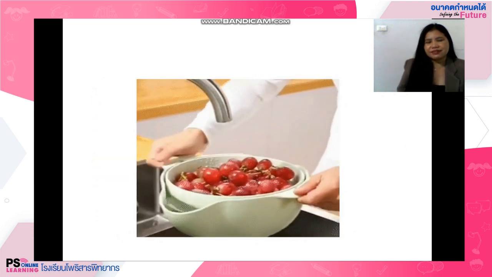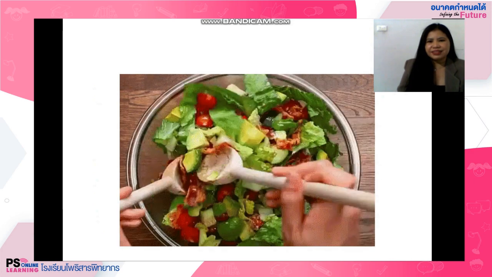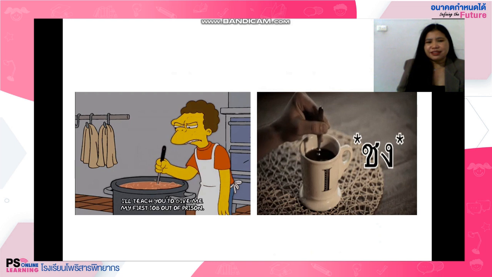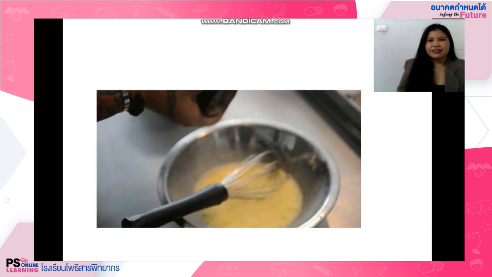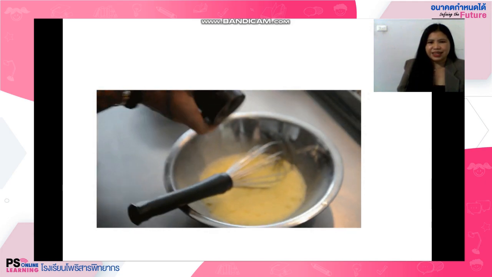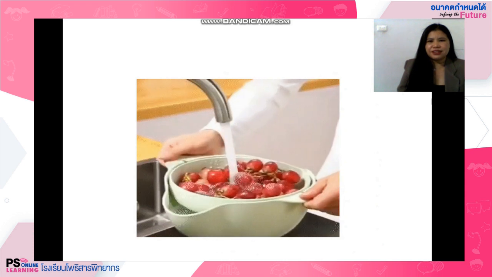Very good. This one. Wash. Okay. This one. Mix. Very good. This one. Stir. Very good. Not steer, it's stir. This one. Whisk. Okay. This one. Mix. Very good.